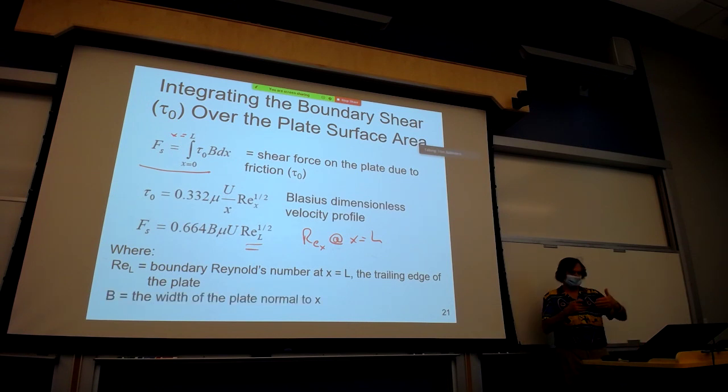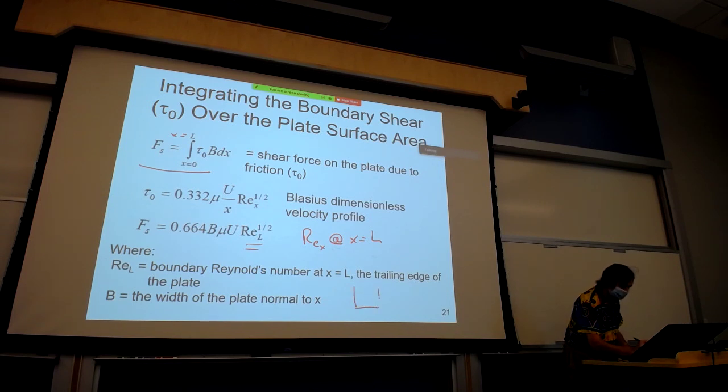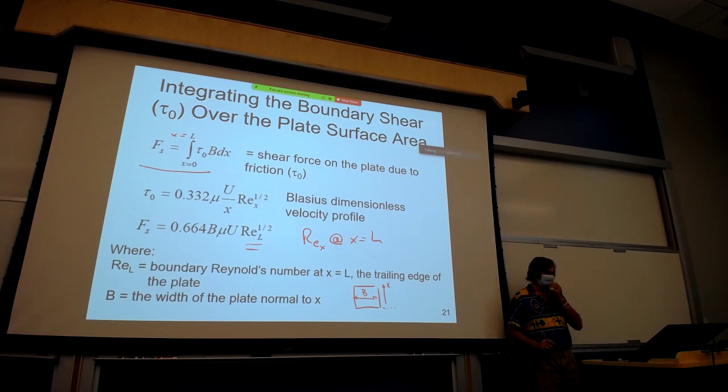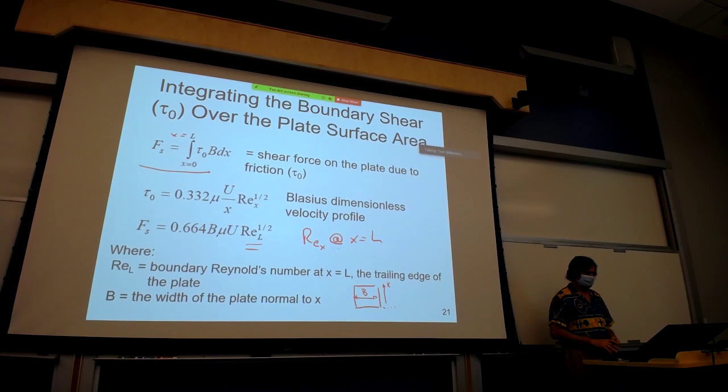And B is the width. Since we had to integrate over the area, we're looking at basically, if we were looking down on the top of this, this is the x direction. So this was the leading edge down here, and this is just the width, this like B. Into and out of the board, into and out of the screen, into and out of your paper.